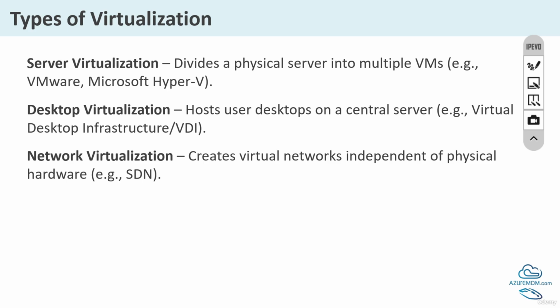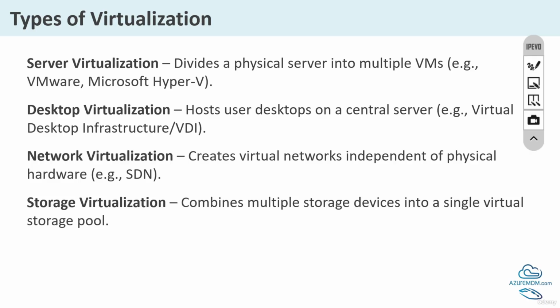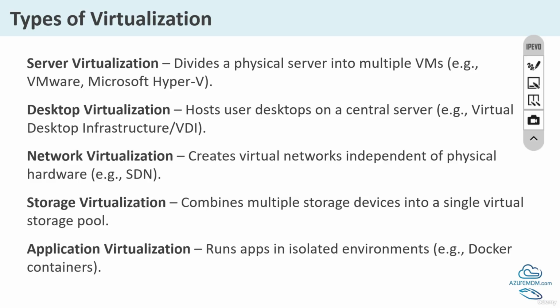So you can create a virtual network inside the virtual machine which doesn't require any hardware or configuration. Storage virtualization. It combines multiple storage devices into a single virtual storage pool. Application virtualization. It runs in an isolated environment like Docker containers.